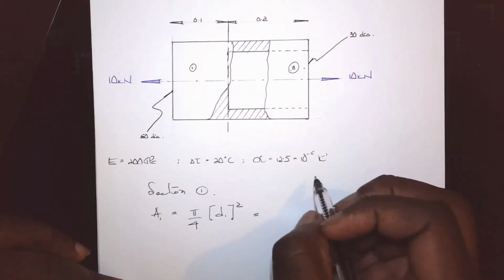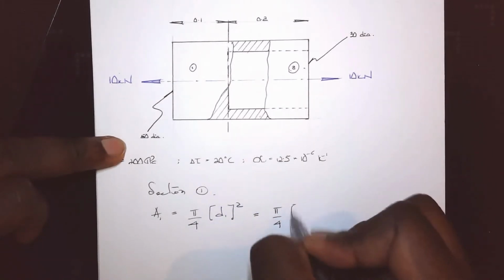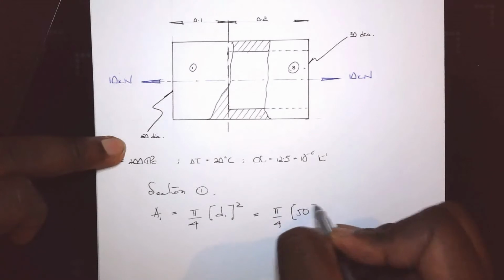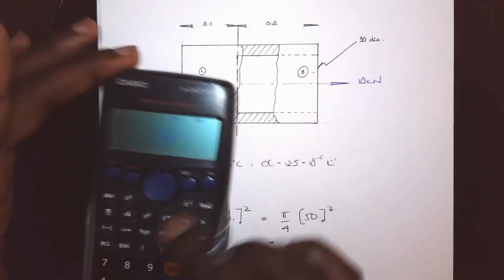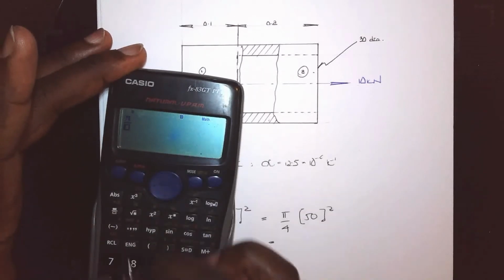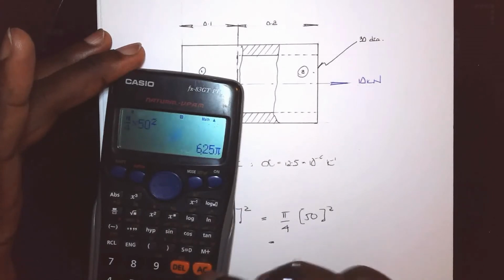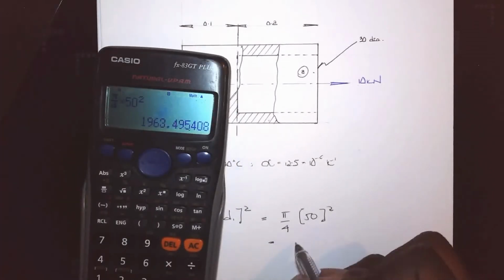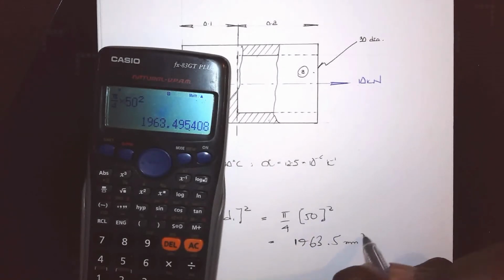So the diameter is given as 50, so pi over 4 times 50 squared. That gives 1963.5 millimeters squared.